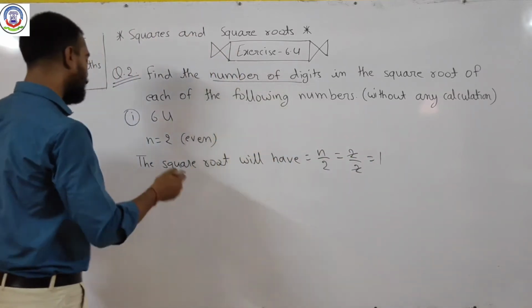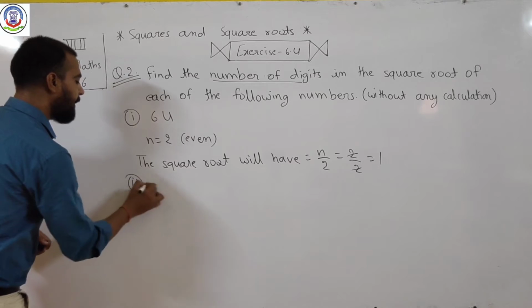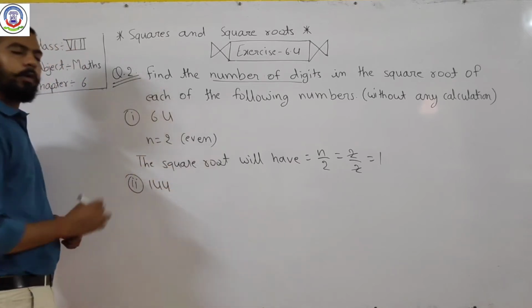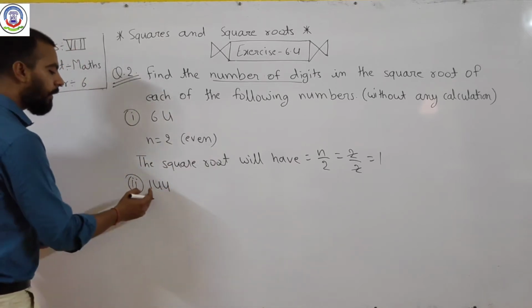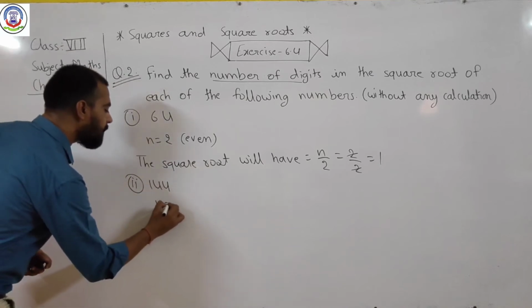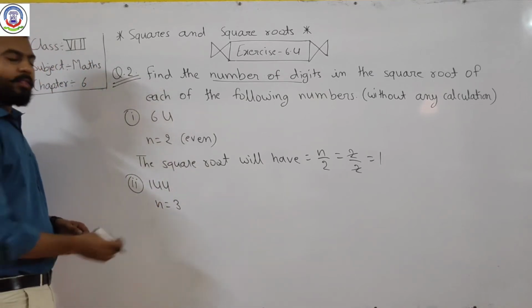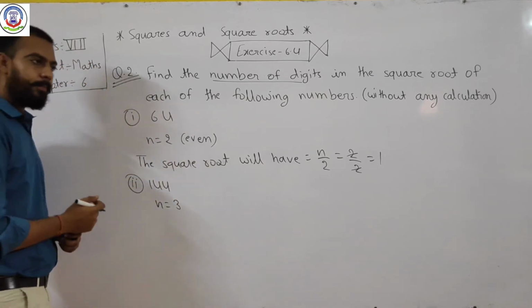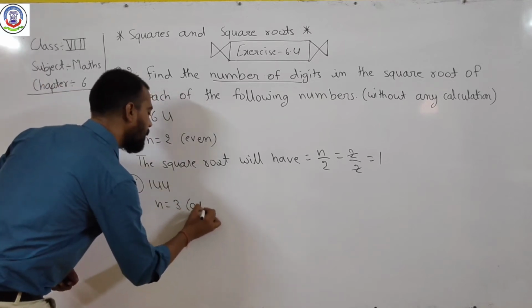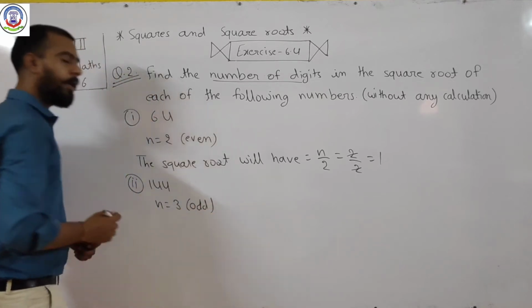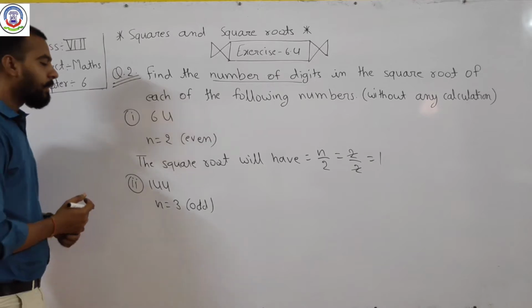Let's take another question, that is 144. In 144 there are 3 digits, and 3 is an odd number.